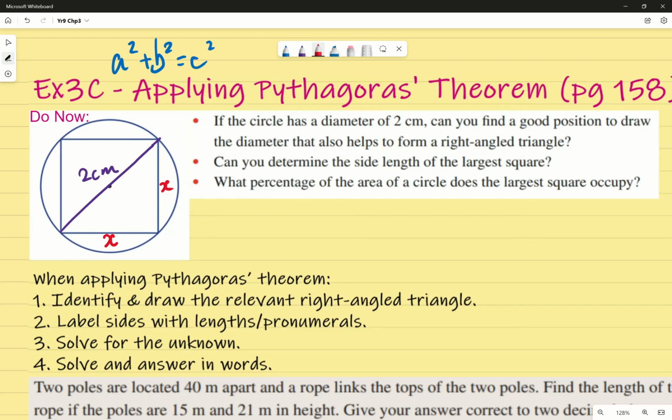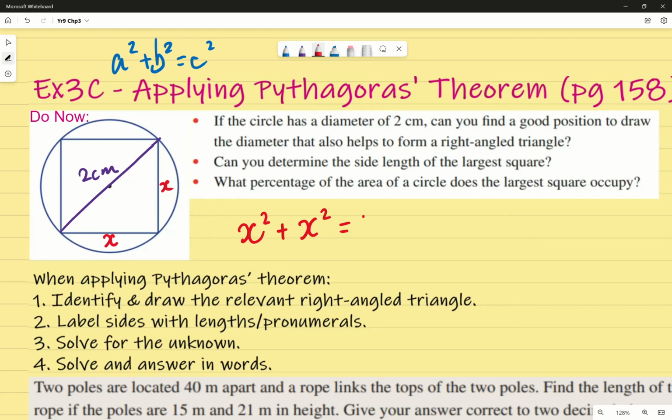Yeah? Now using Pythagoras theorem, I know that a squared plus b squared equals c squared. So a squared, I'm not going to write a, just like we did last lesson. I'm going to replace it with what I'm calling this. In this case, x. So x squared plus, what's b in this case? X. Also x, good. So x squared equals c squared. I'm going to skip a step. I'm not going to write 2 squared.